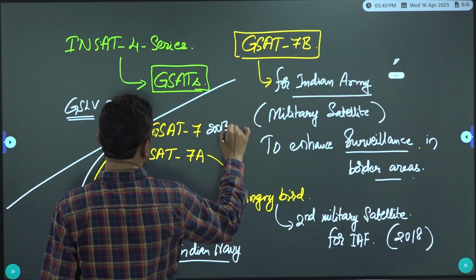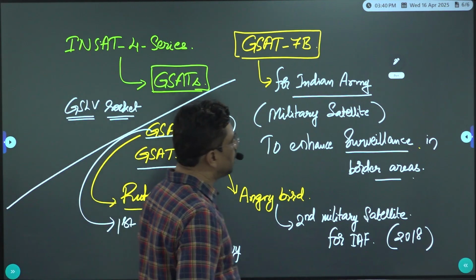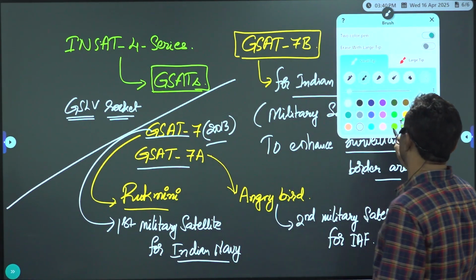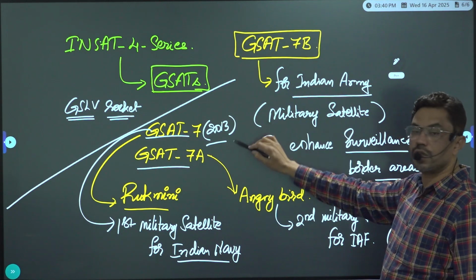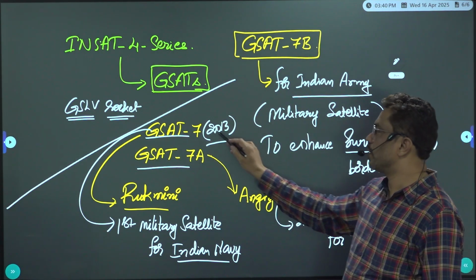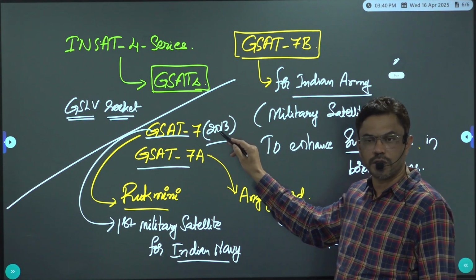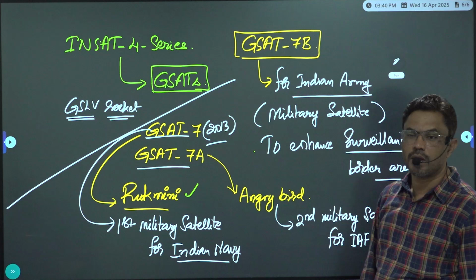You have to remember these 3. GSAT 7, GSAT 7A and GSAT 7B are military satellites. GSAT 7 was first launched in 2013, the first military satellite named Rukmini, dedicated for the Indian Navy.